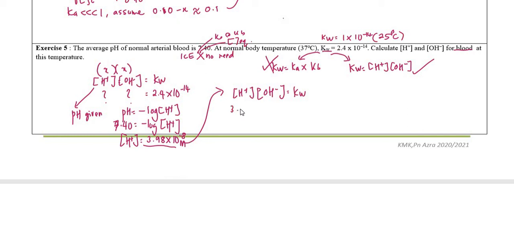Then 3.98 exponent negative 8 multiplied by concentration OH minus equals to 2.4 exponent negative 14 diberi di dalam soalan. So you settle down and you get the concentration OH minus, which is 6.03 exponent negative 7 molar. Don't forget your unit. This is your answer. Alright? Okay. We move to the next question.